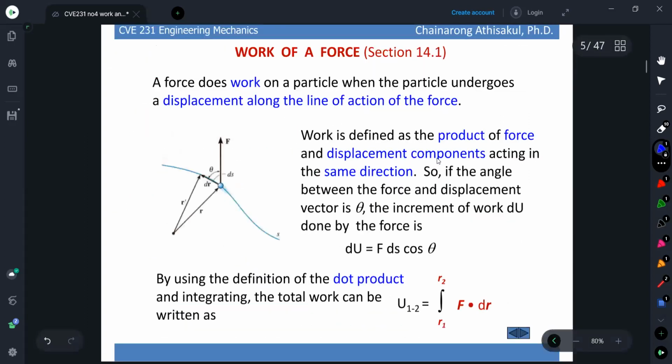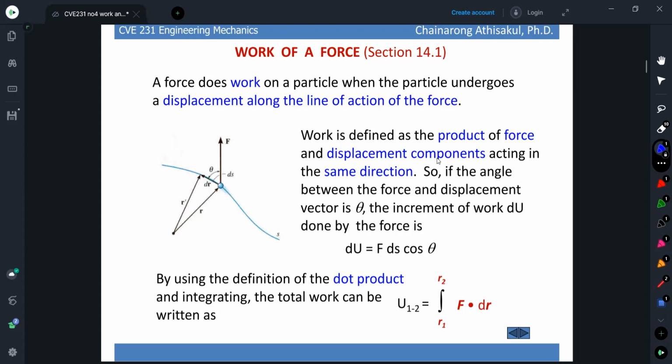A force does work on a particle when the particle undergoes a displacement along the line of action of the force. Work is defined as the product of force and displacement components acting in the same direction.